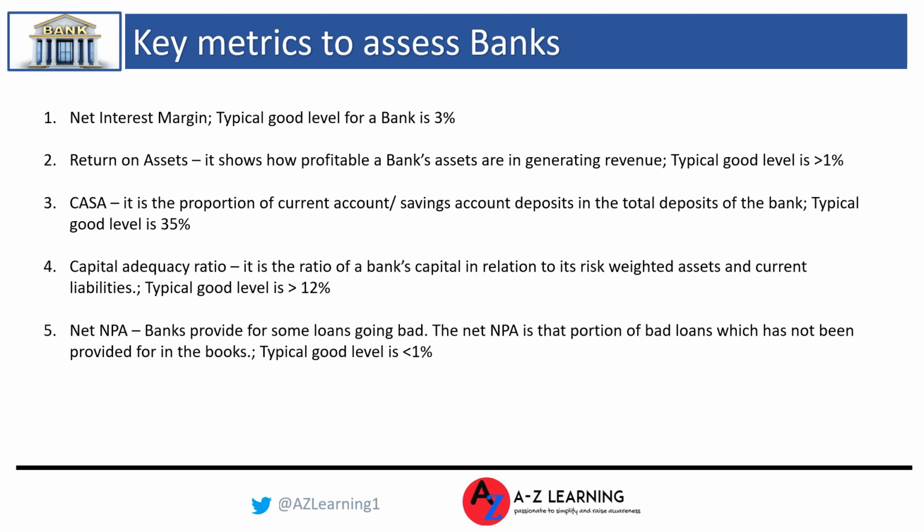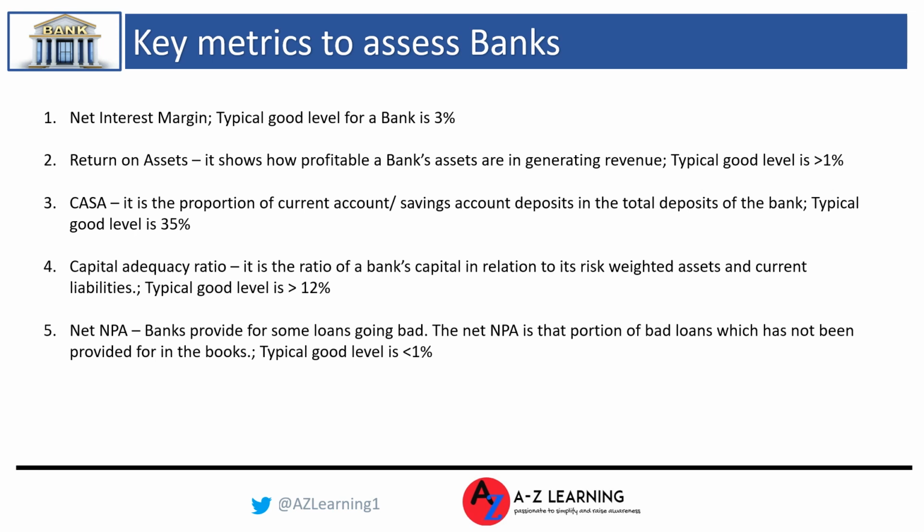So how good is the bank at using those assets to generate revenue? Typically, a return on assets of more than 1% is considered good. Anything less than 1% means the bank is not properly utilizing its assets to generate revenue.